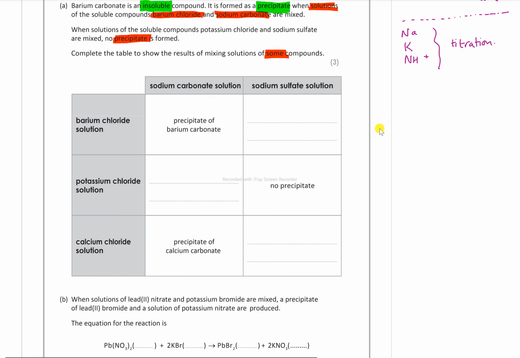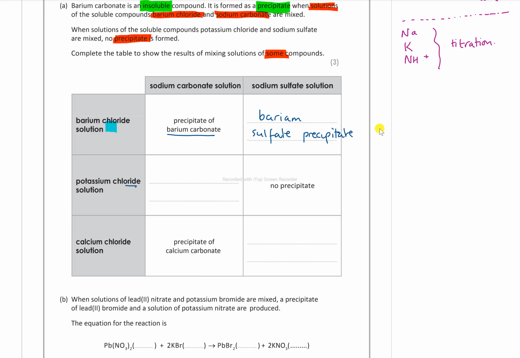Right, if you add barium chloride to sodium carbonate, you end up with barium carbonate. If you add barium chloride to sodium sulfate, you're going to end up with barium sulfate, and it's going to be a precipitate.